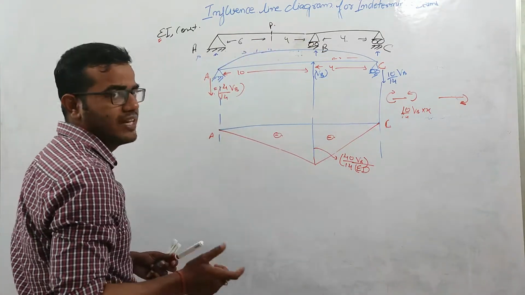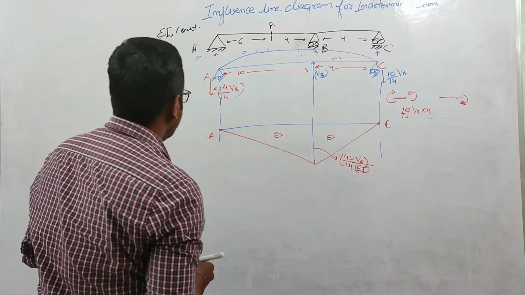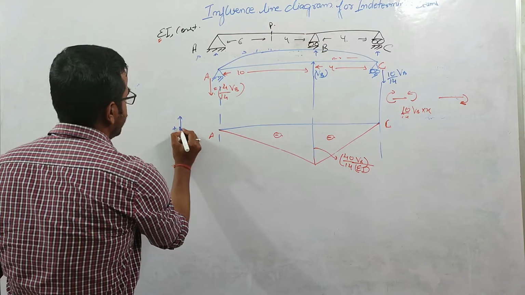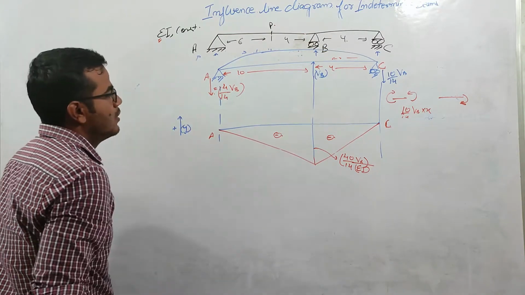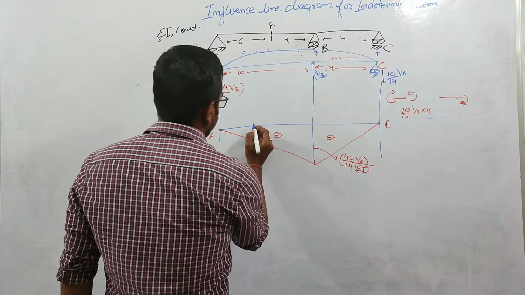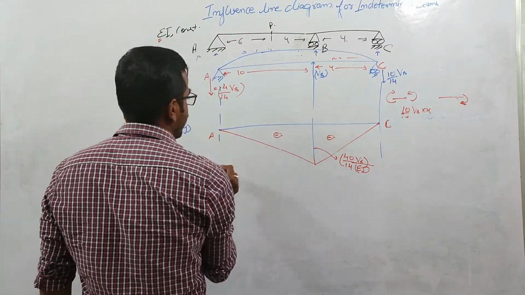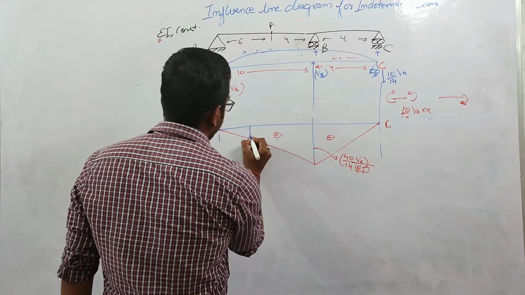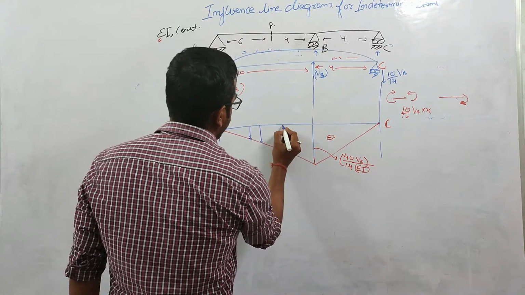So what about the direction of the loading? If you want to calculate the direction of loading, I'm taking the upward direction as positive y. So upward is positive and downward is negative. Here this M over EI diagram is basically negative, so I'll draw the loading in the downward direction.